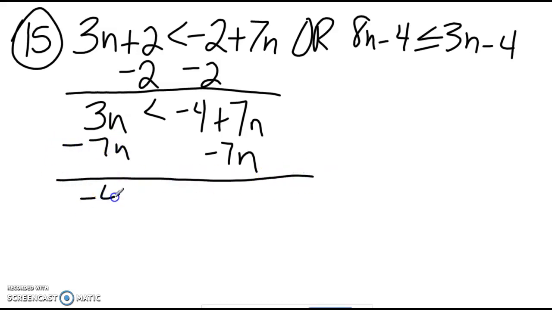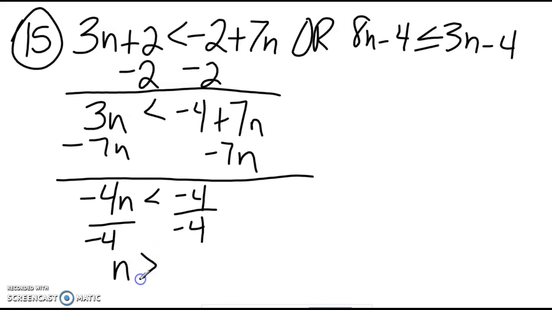And so I get -4n is less than -4. Talon, what now? Divide by -4. And that's going to give us n, but because we divided by a negative, we're going to change the direction. N is greater than 1.